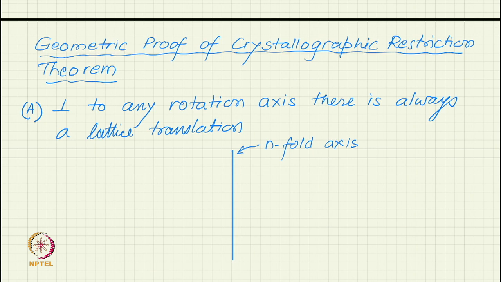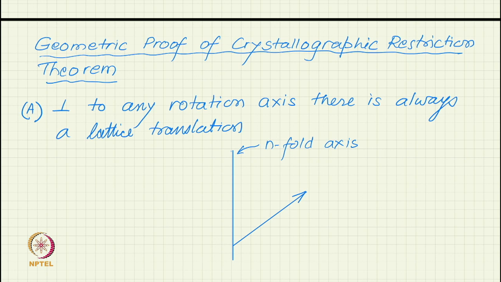and if it is a crystal, it will have some lattice translation. So, let us draw that lattice translation. I am trying to be general. The lattice translation could be parallel to the axis or perpendicular to the axis or at an angle.